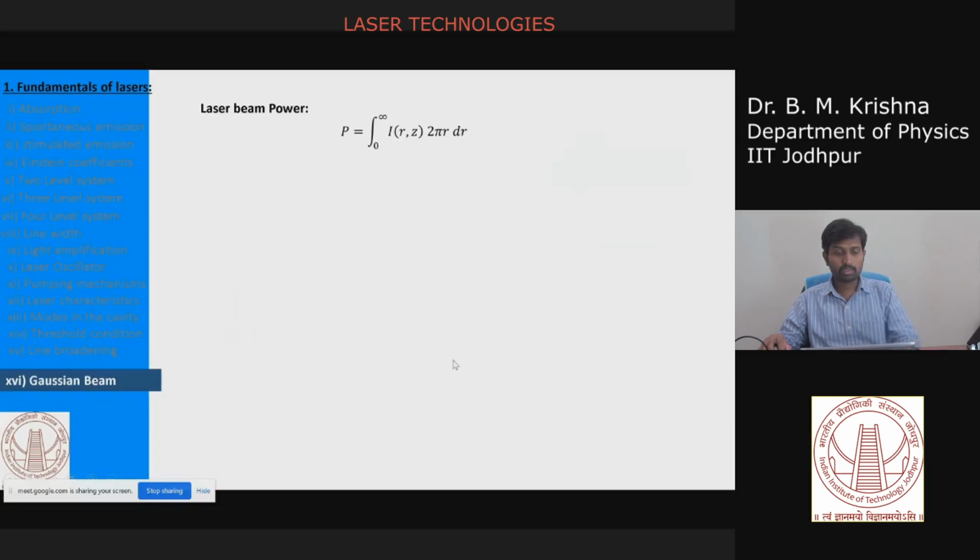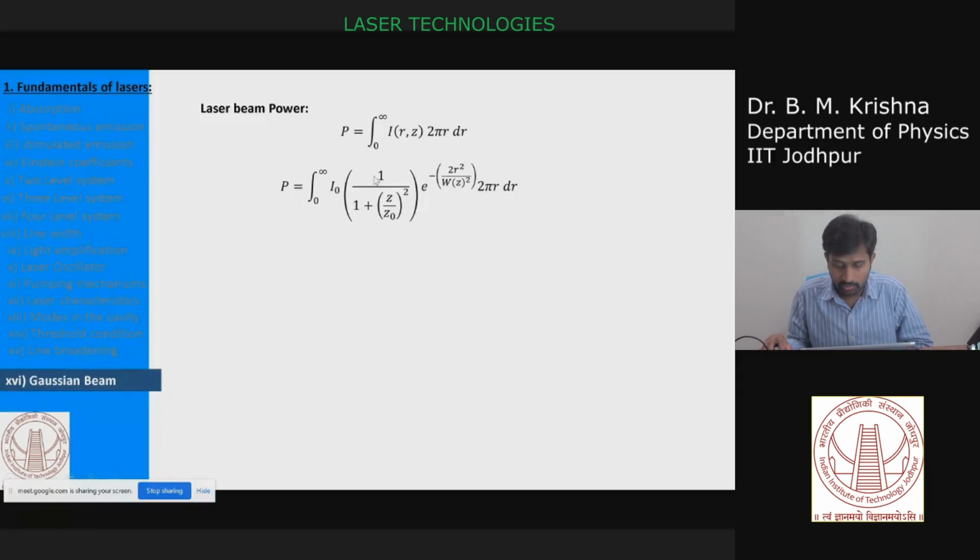So now you can calculate your laser beam power. In general, for practical purposes, we always calculate the power, and from the power we calculate the intensity. So your power is the measuring parameter. Your power is nothing but you integrate from 0 to infinity in the radial direction as well as the z direction, with 2 pi r dr. This is the surface area of your beam size.